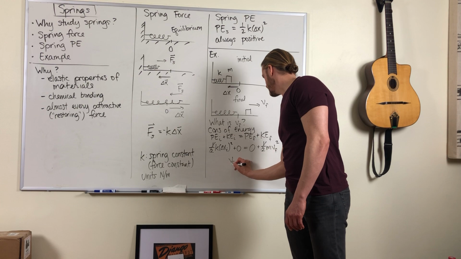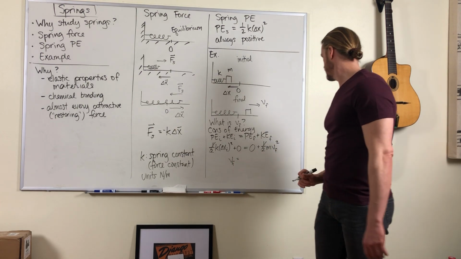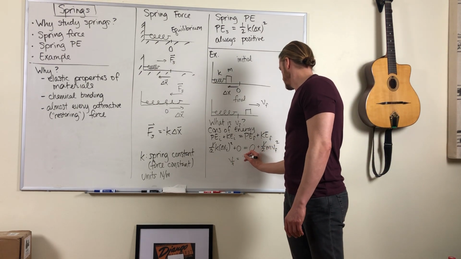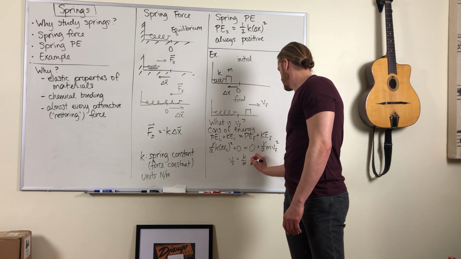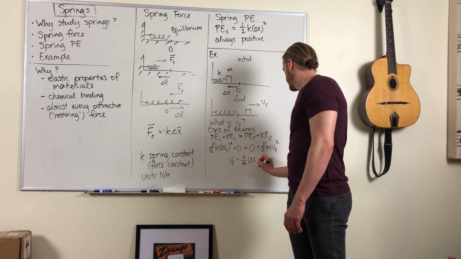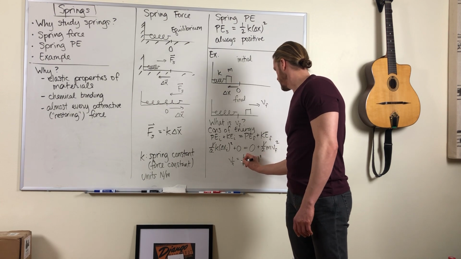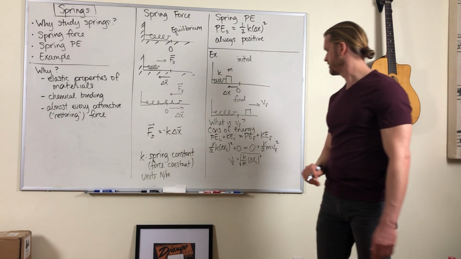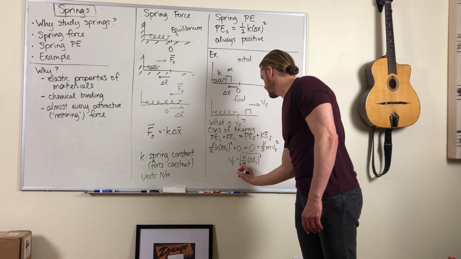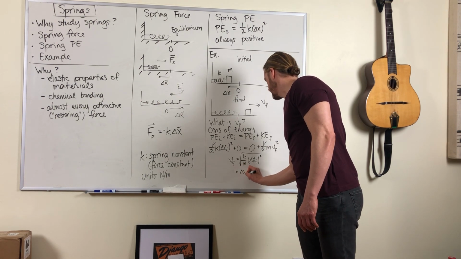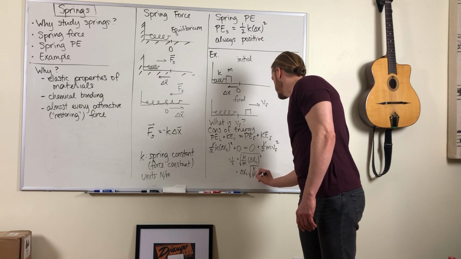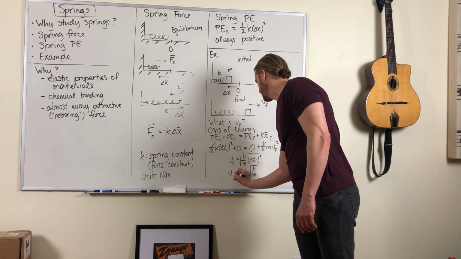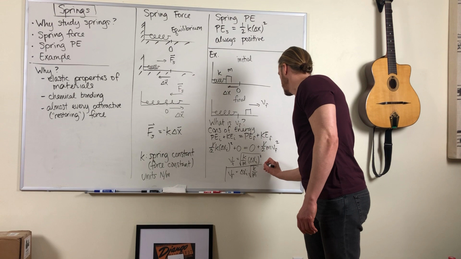And V final is K over M delta X initial squared. Everything is square rooted. Or if you wanted to, you could write it as delta X initial times root K over M.